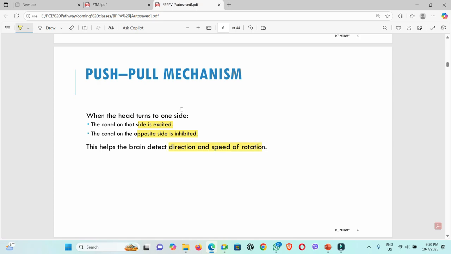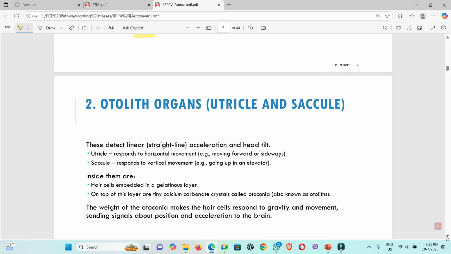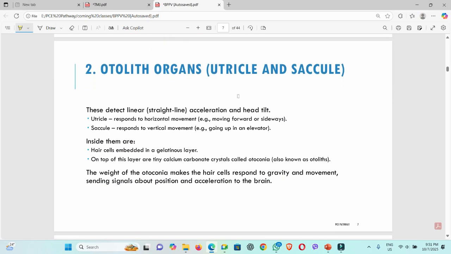When the head is turned to the right side, the canal on the right side gets excited and the canal on the left side gets inhibited. So our brain will come to know that the head has turned towards the right, and also the speed will be detected by all those cilia which are inside cupula. That was about canal.